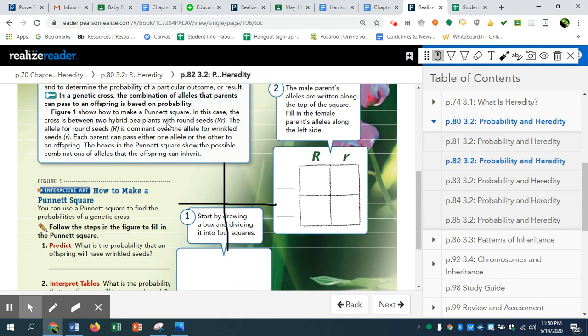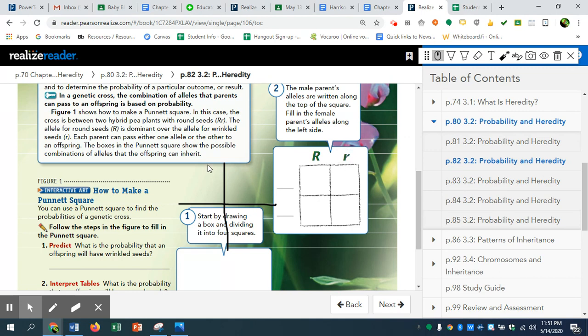In this example, it says the cross is between 2 hybrid pea plants. So the male and the female are both capital R, lowercase r. So they're both going to have round seeds. That's the dominant trait, but they are carriers for the wrinkled trait.